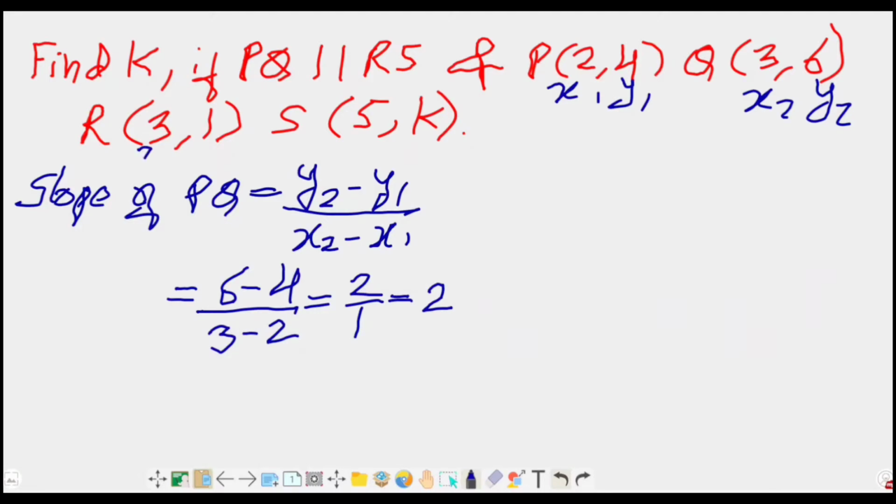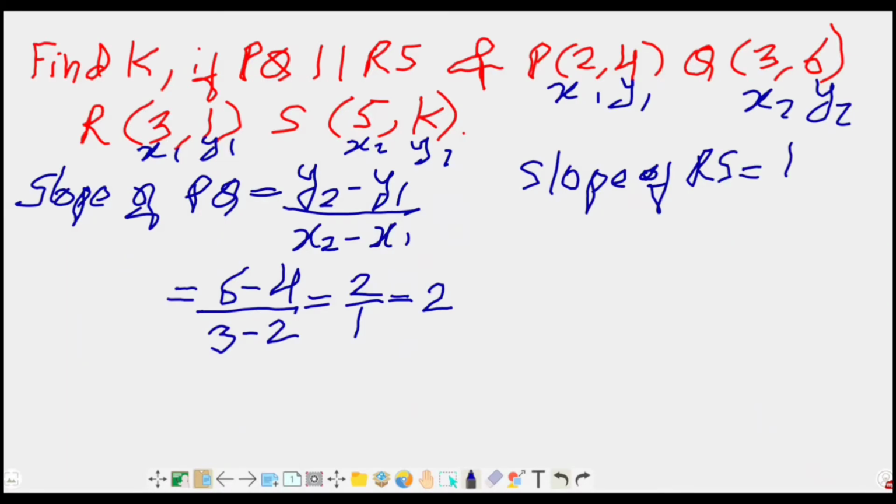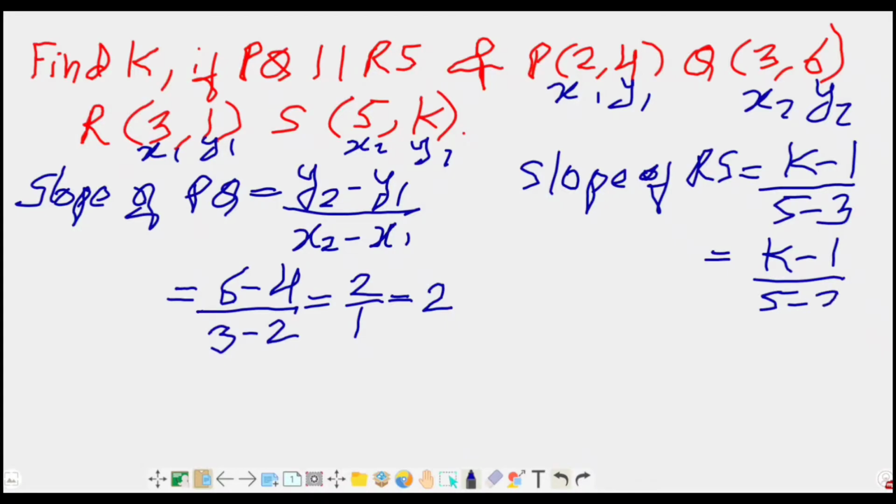Now same way consider this as x1, y1 and this as x2, y2. You can now find out the slope of RS. It will be k minus 1 upon 5 minus 3.